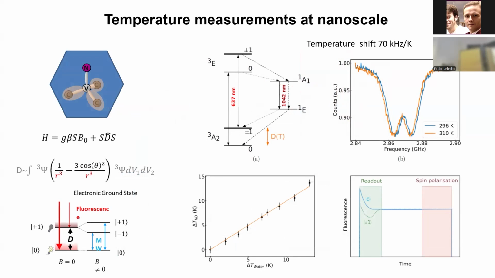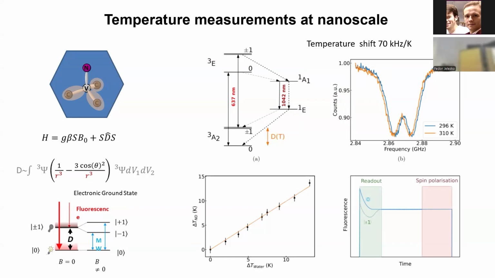The closer these electrons are spaced, the higher is the dipole-dipole interaction and the larger is the D. The more extended the wave function of the NV center electrons, the weaker is the dipole-dipole coupling and the smaller is the D parameter.